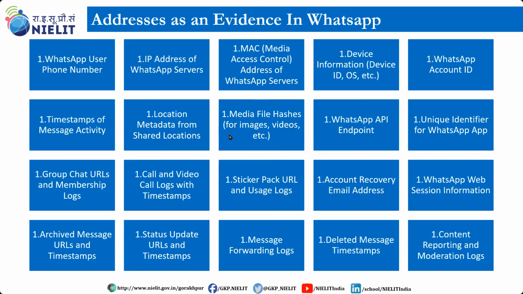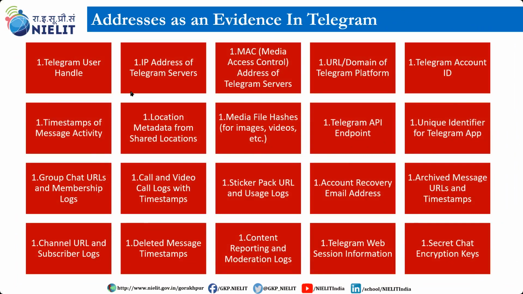Then media file hashes, image, video. Similarly, there can be group chat URL, there can be call and video call logs with timestamp. There can be some services which were used on the WhatsApp platform. Similarly, Telegram can have some useful parameters and addresses.